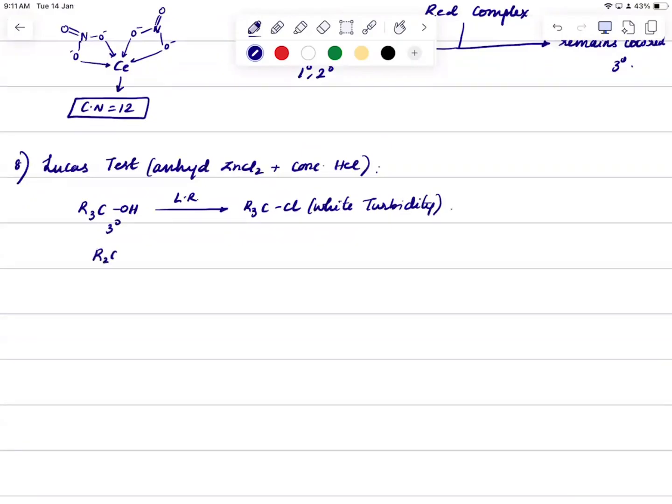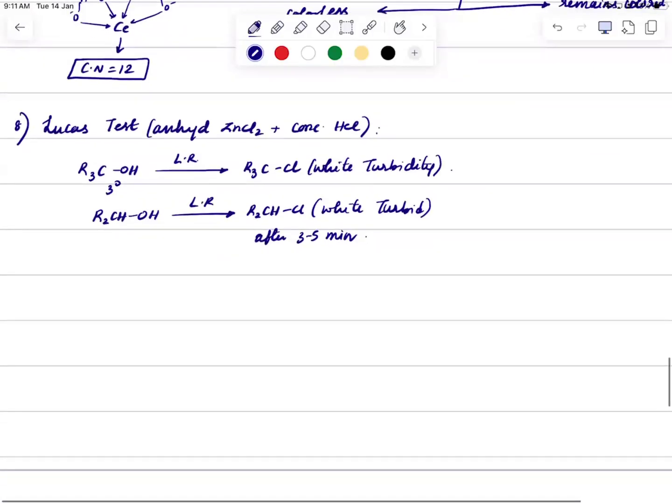If it is 2 degree, R2CHOH with the Lucas reagent gives R2CHCl, which is white turbid, but after 3 to 5 minutes. Clear?